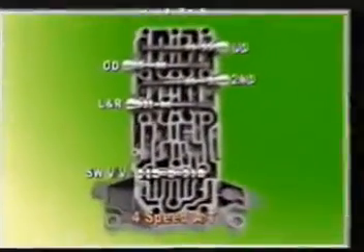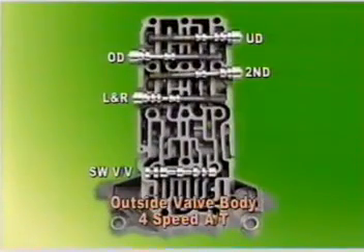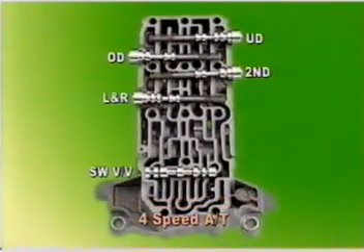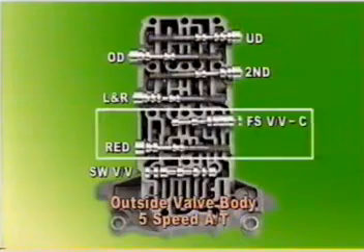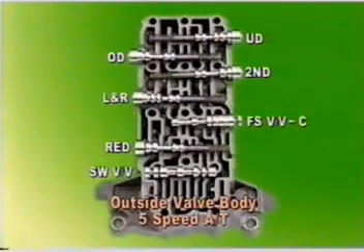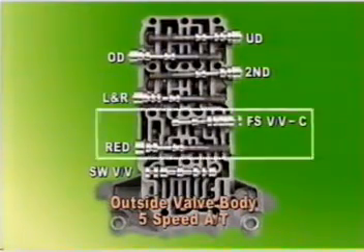Outside valve body has 4 pressure control valves and 1 switch valve. In case of 5-speed automatic transaxle, pressure control valve is additionally installed for the fail-safe valve C and reduction brake of sub-transaxle.